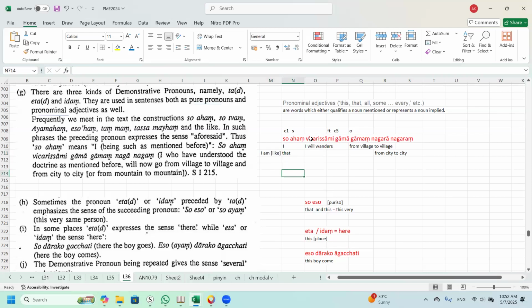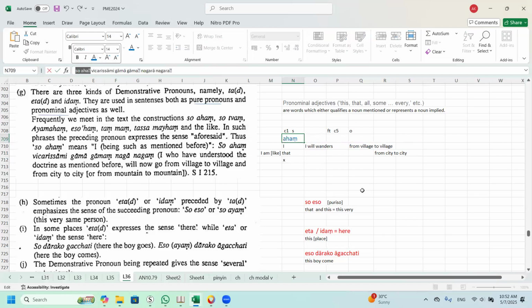I wander from village to village, city to city. So when these two combine, you don't have to say I am like that. You just say I wander from village to village. So this one is not necessary. But these two meaning is really this one.